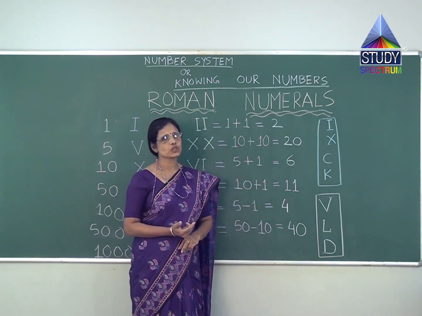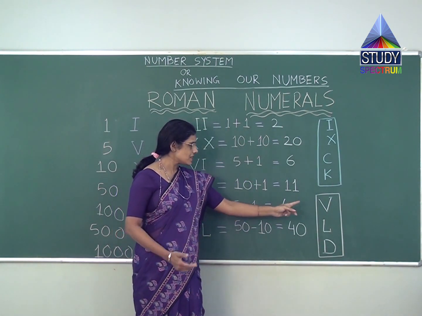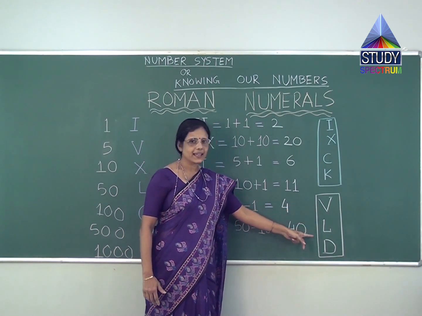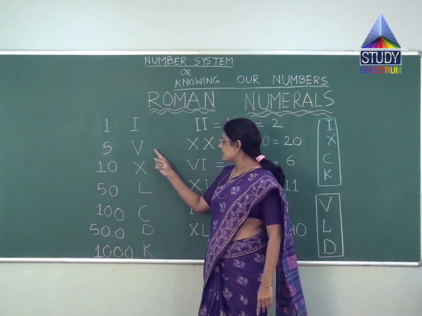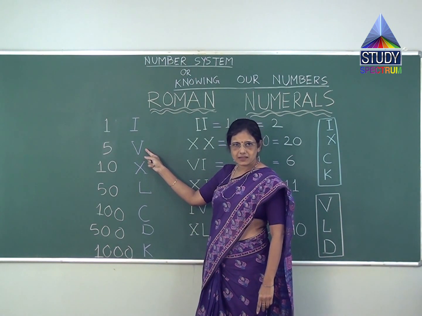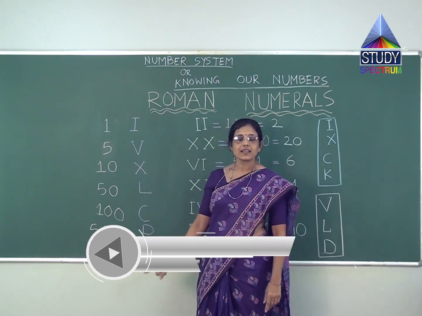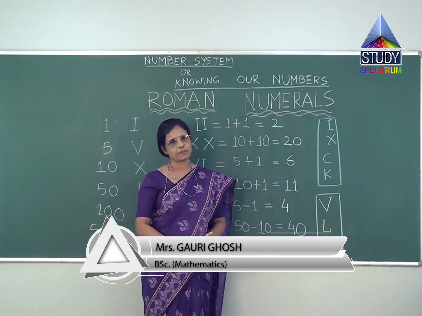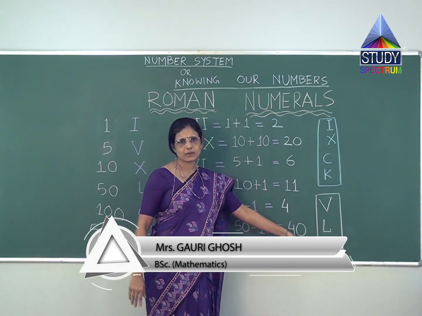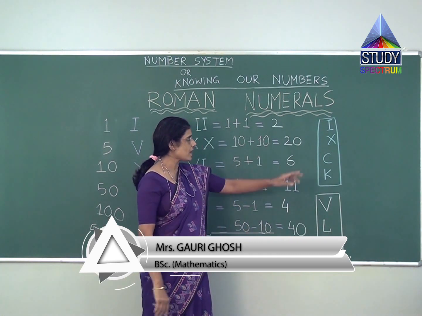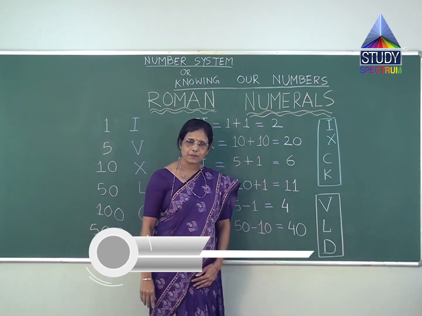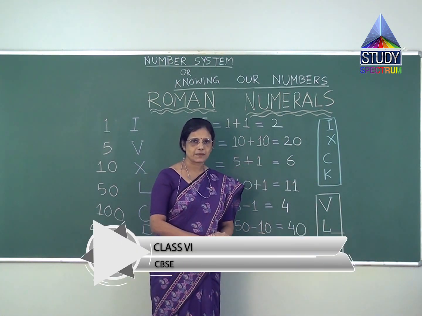But there are also some limitations. VLD. VLD means that is 5, that is 50, that is 500. These 3 Roman numerals are never repeated, whereas the other 4 can be repeated maximum 3 times.